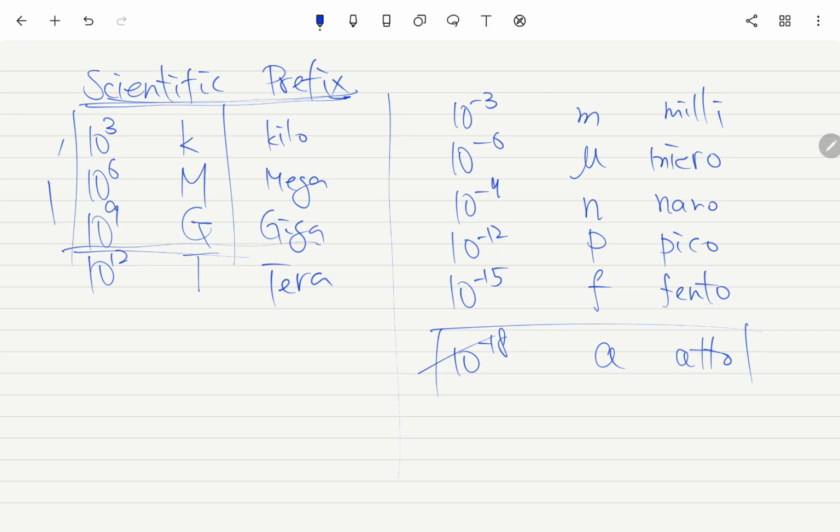So yeah, of course what you need to actually remember is the 3 positive exponents and these 5 with a negative exponent. Of course, in between, if you know centimeter, cm, 10 to the negative 2 is c, 10 to the negative 1 is d.